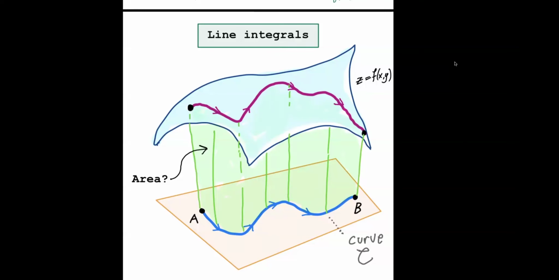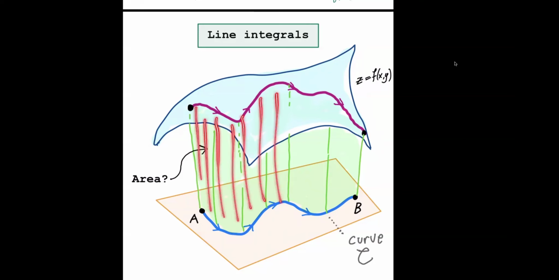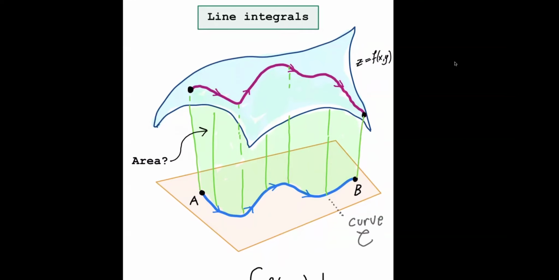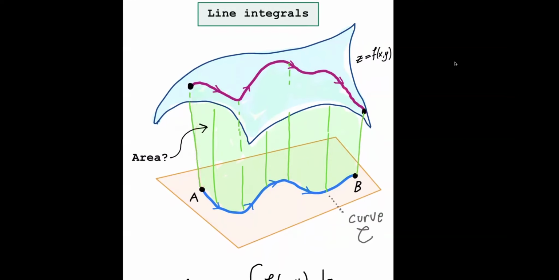So imagine having some space curve in the plane, and we want to integrate a function over this curve. Just to give you a quick example, let's say we start with a surface defined by the equation z equals f of x y. For every point on this curve, we can associate the value of this function. And maybe our question is to calculate the area of this curtain that's determined by taking the points on the curve, looking at where they map to on the surface, and then we want to get the area of this curtain-like object.